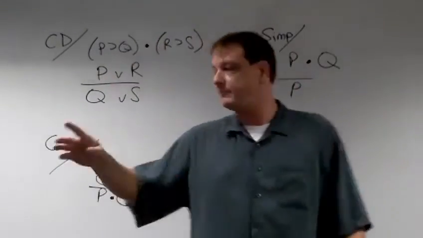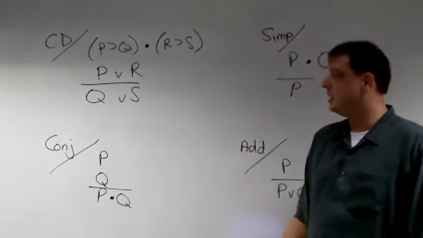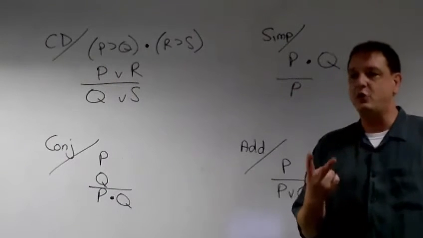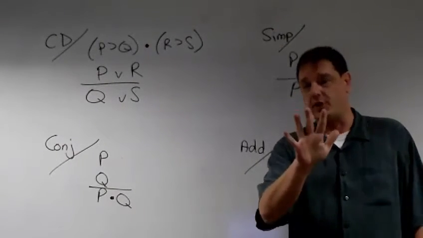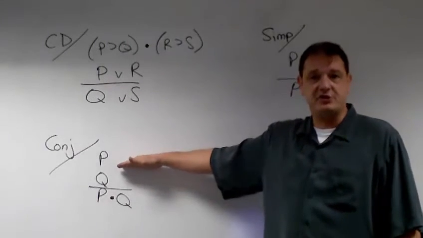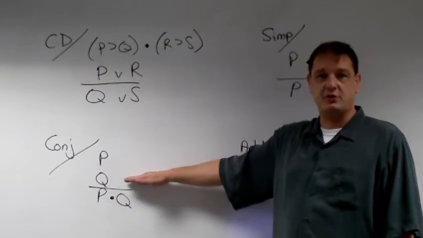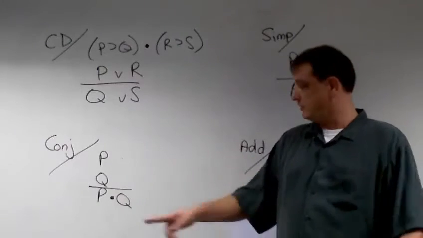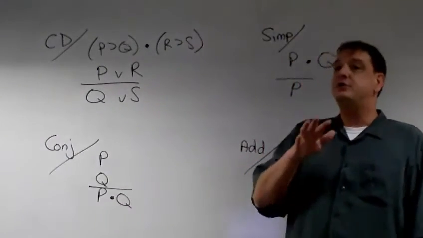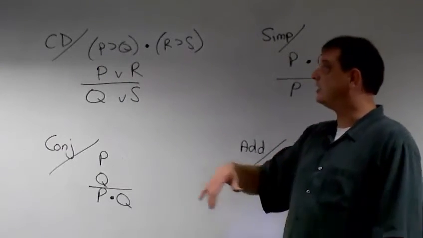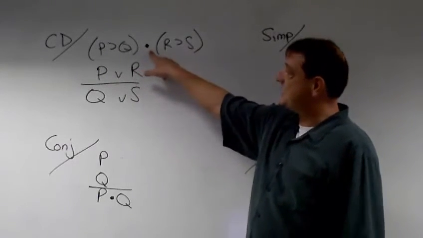Okay, over here now, conjunction. Conjunction says, if you know that two things are true separately, well then you know they're true together. So, we have a line that tells us P is true, we have a line that tells us Q is true. So we can say P and Q are true, both at the same time. Just to give you a hint here, you notice that this one has an and statement.